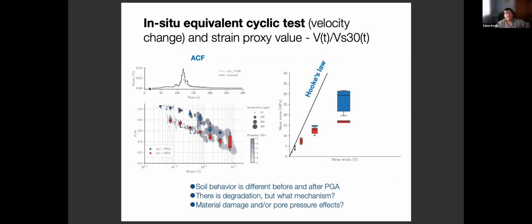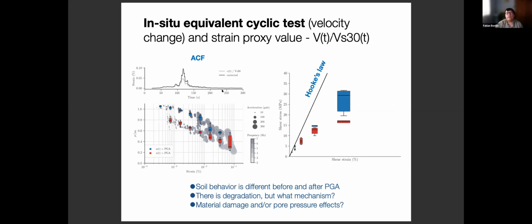So what do we do with this? When we obtain this kind of information, since the velocity change is basically related to the G over G max value, because we just square these results, we can obtain in situ, and that is the interesting part, the decrease of the shear modulus as a function of the deformation, but also as a function of time.